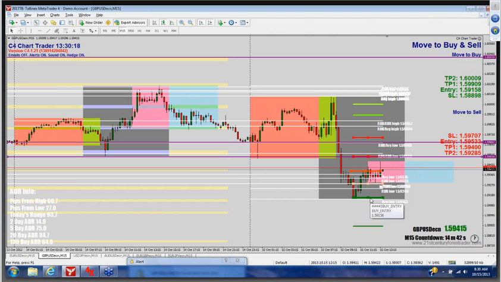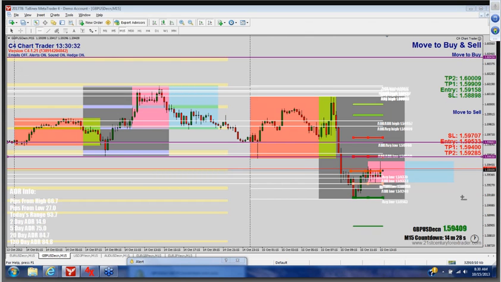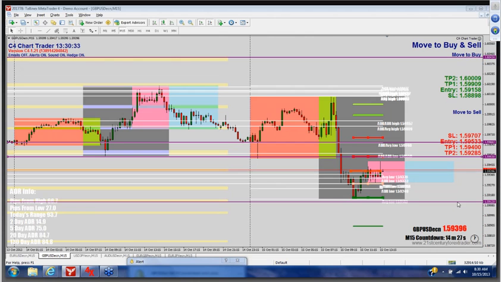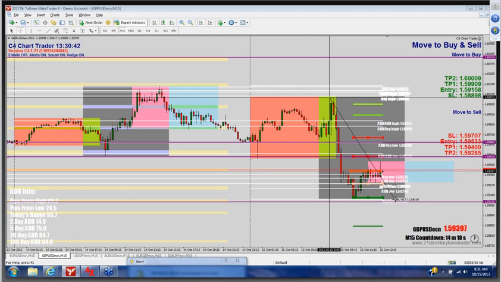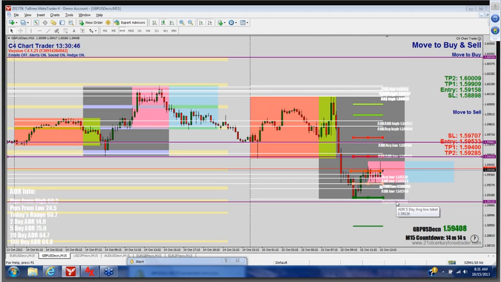Now, as far as potential buys on this, we have support at 59.12, which is right down here. We've got a support level. This combined with the fact that if we push top to bottom on this trade, that's about 94 pips, pretty much the range.